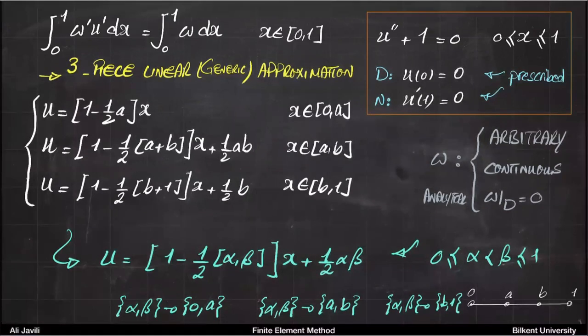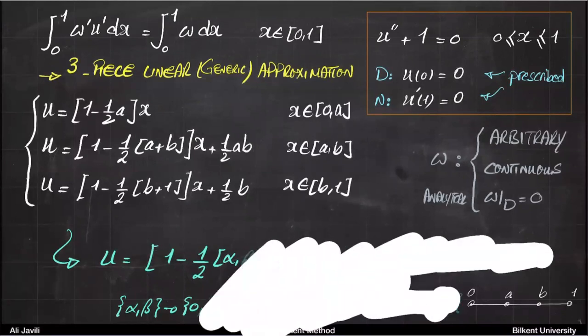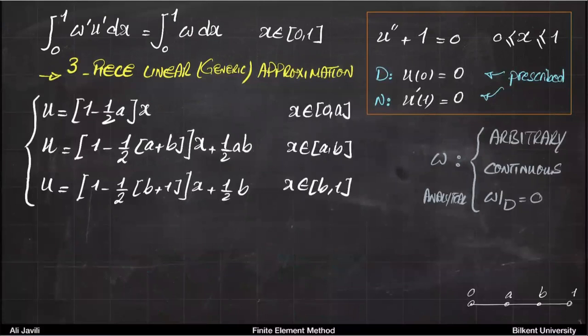So let's think of a case where A is 0.4 and B is 0.6. Okay, so if you have that, I'm going to just write the same functions that we have up there.